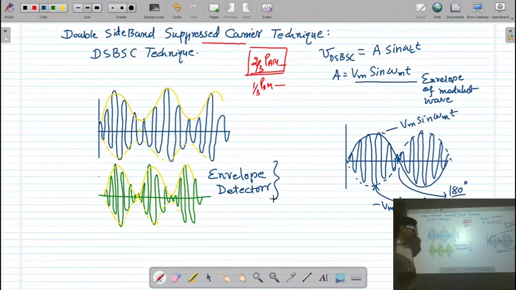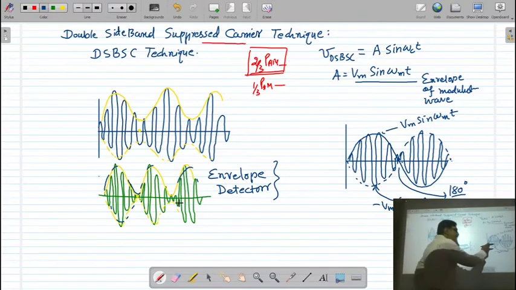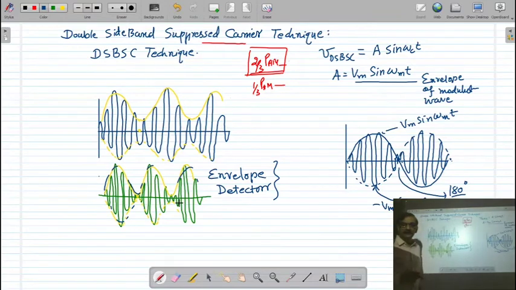It is a very simple one, and you can recover the information either from a positive cycle or from the negative cycle. So it is very easy. But here in this case, for a DSBSC wave, you cannot use an envelope detector.